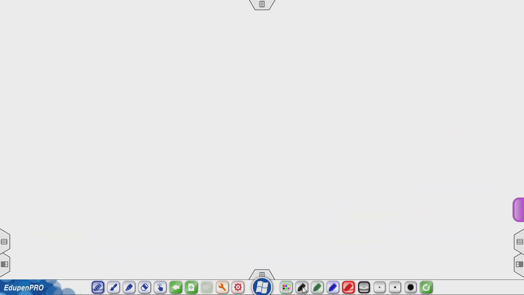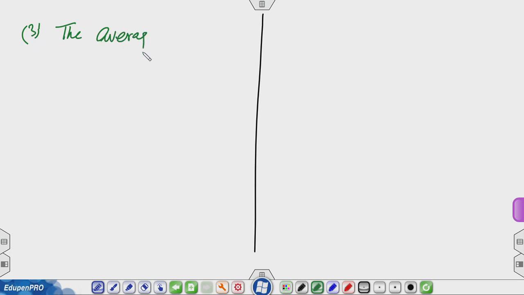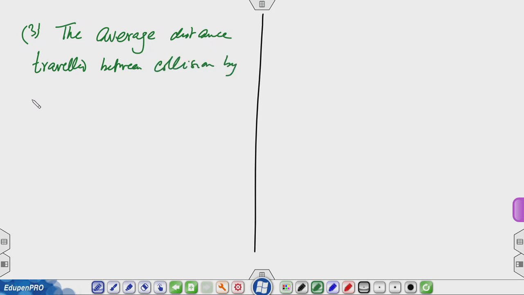Third, the average distance traveled between collisions by a molecule is L, known as mean free path.